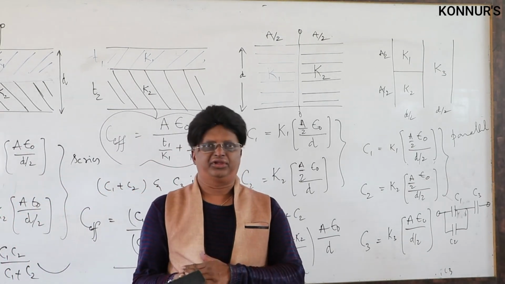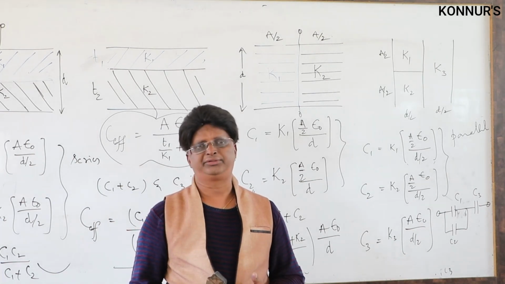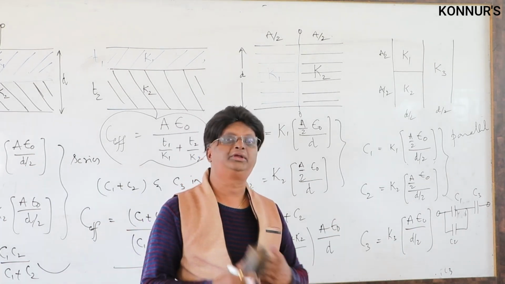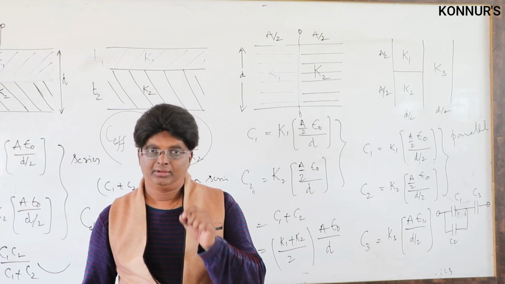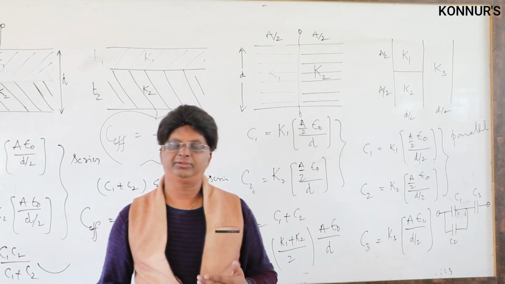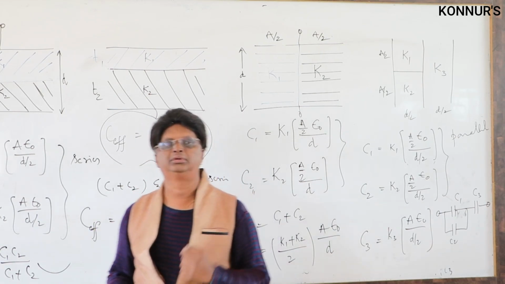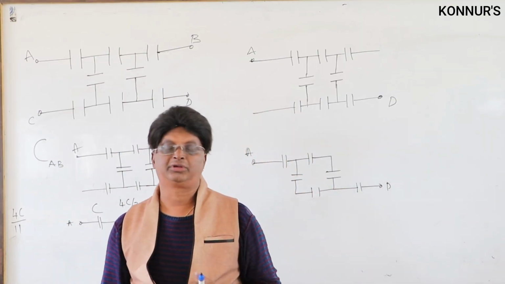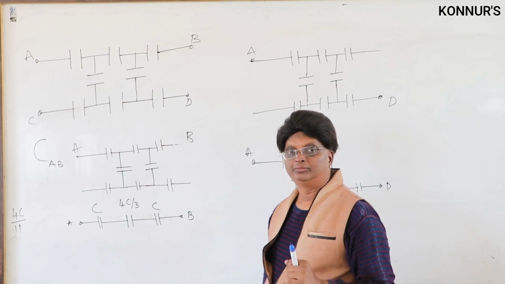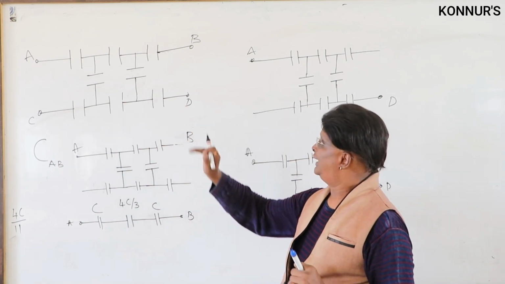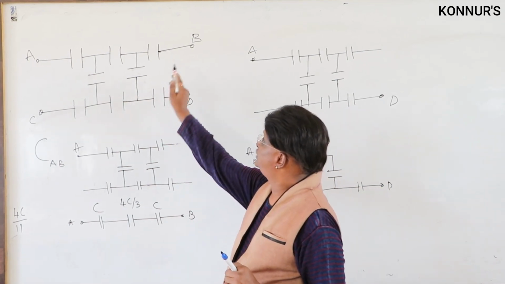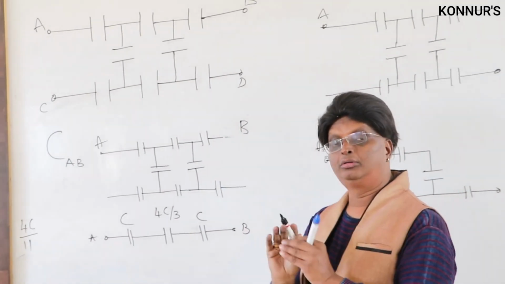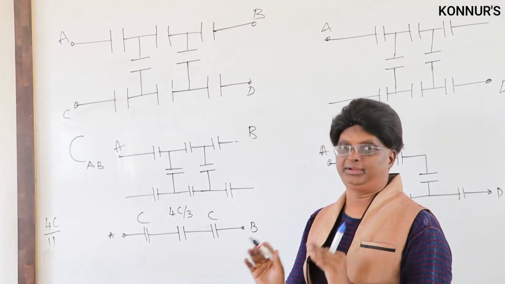So any other change also, the key point is write all the different possible capacities and identify whether they are series or parallel, and you can get the effective capacity. Few examples on the network of capacitors are given. First example, I have arranged 1, 2, 3, 4, 5, 6, 7, 8, all 8 capacitors identical.